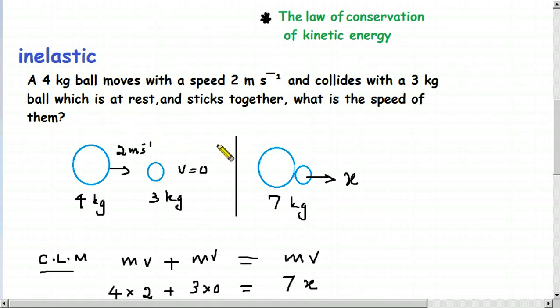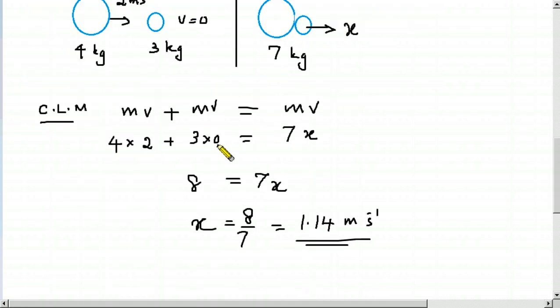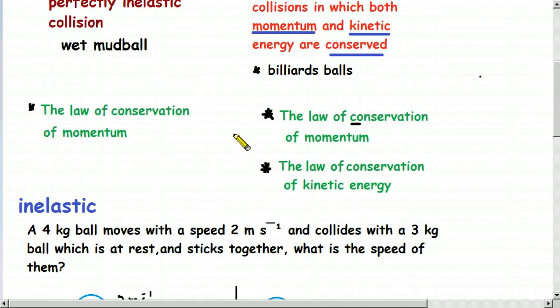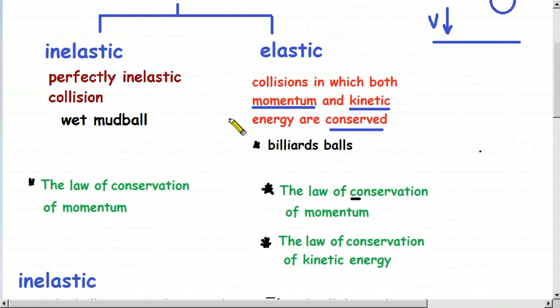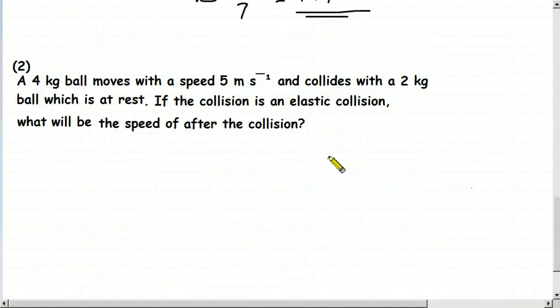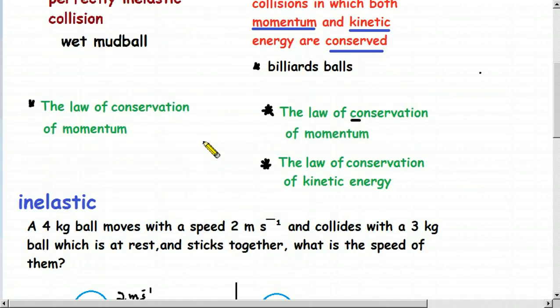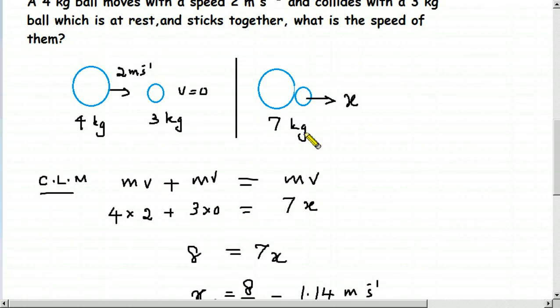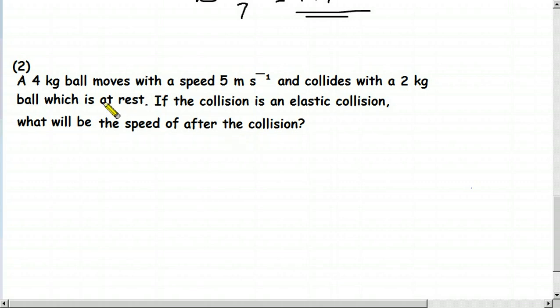So like that we can easily solve the problem if it is an inelastic collision. Let us try to solve another problem, which is an elastic collision. Now I will show you how to solve a problem regarding elastic collisions. Let us take this question. A 4 kilogram ball moves with a speed 5 m/s⁻¹ and collides with a 2 kilogram ball which is at rest.